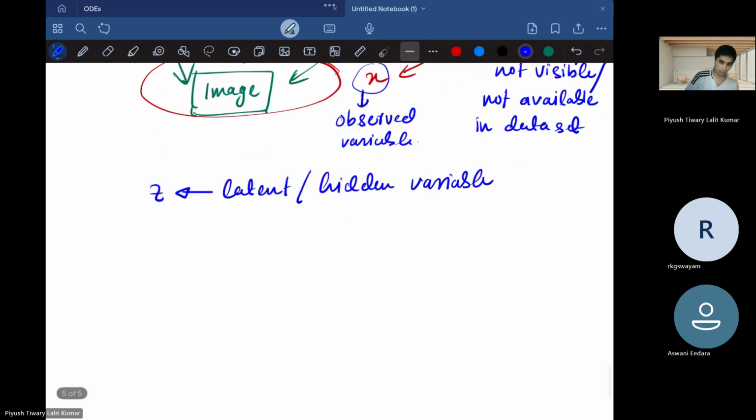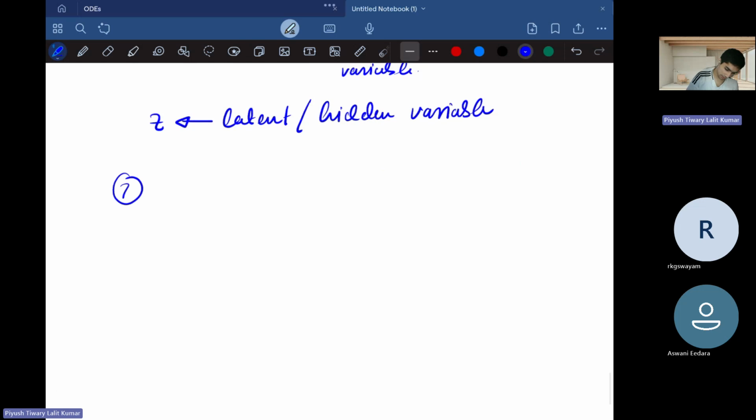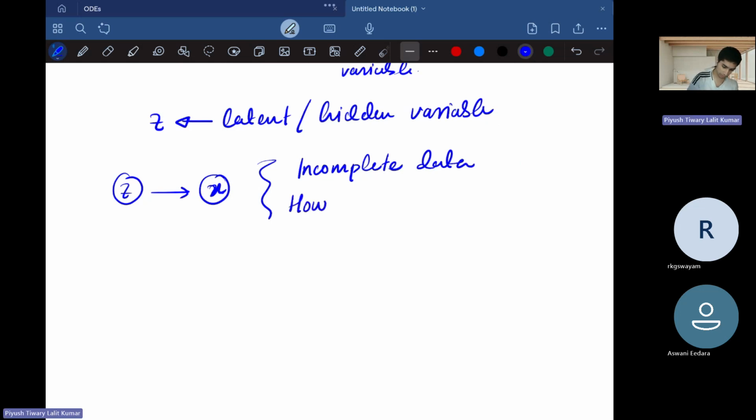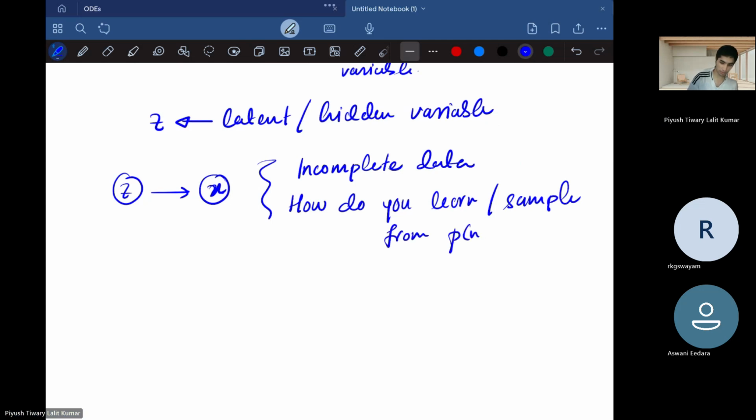So basically, you have Z and another node X. This is the problem of incomplete data. And the question now arises: in such cases, where you don't have access to the hidden or latent variable, how do you learn and sample from P of X? That is the question now.